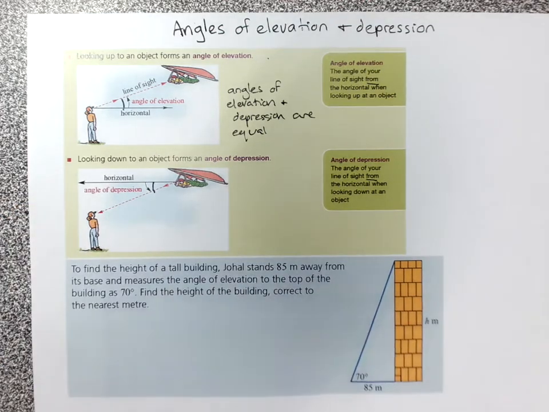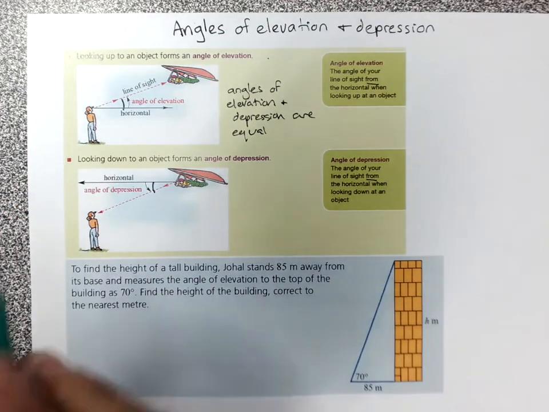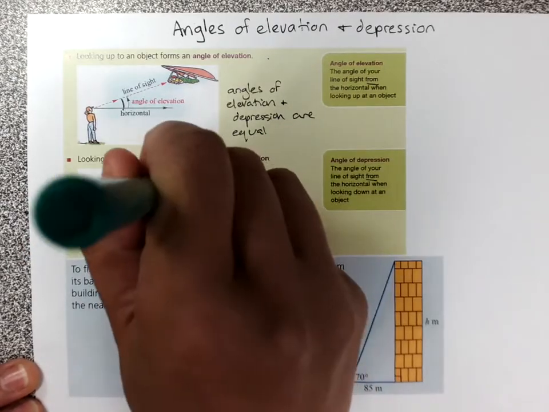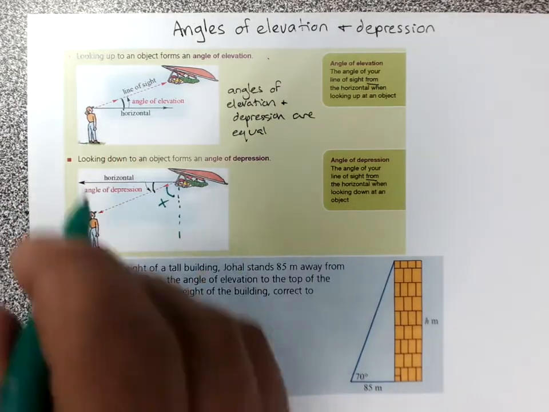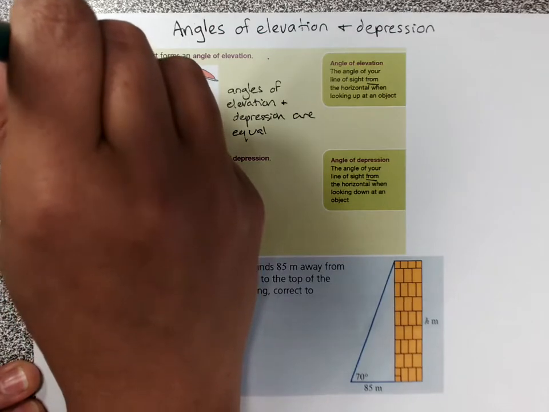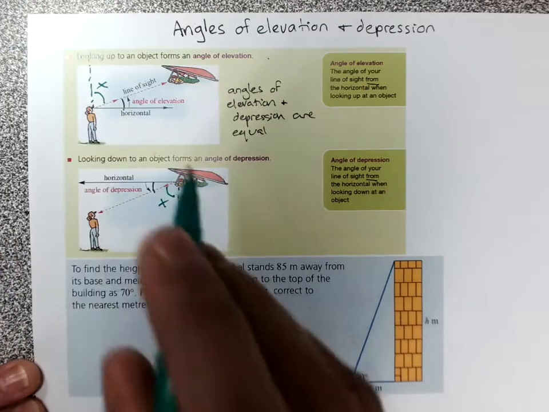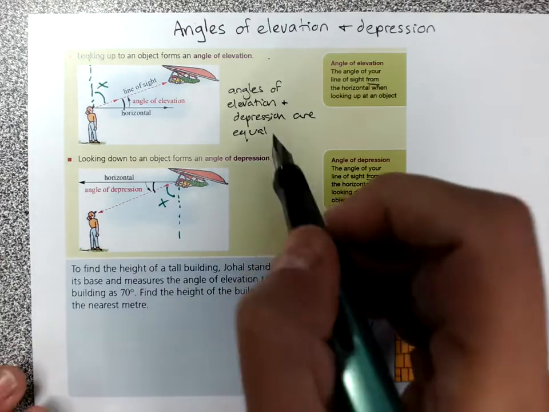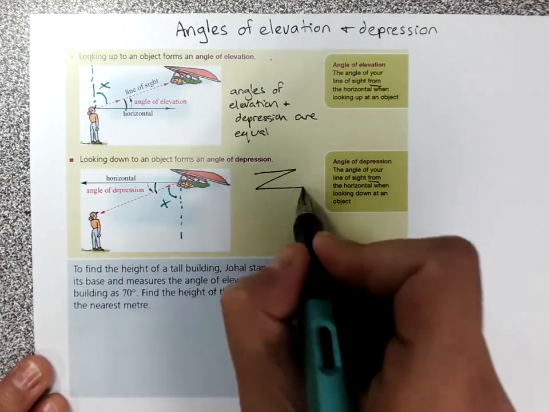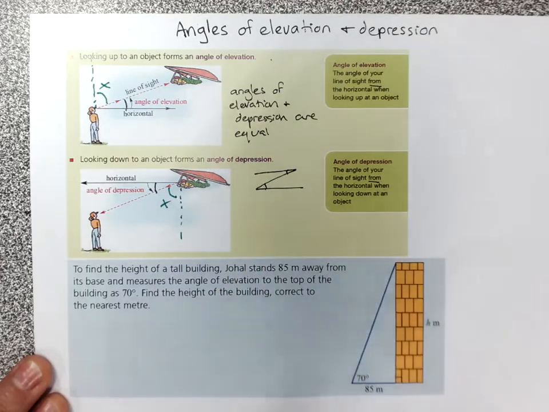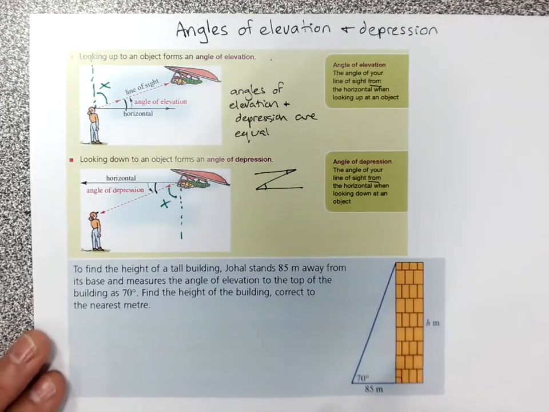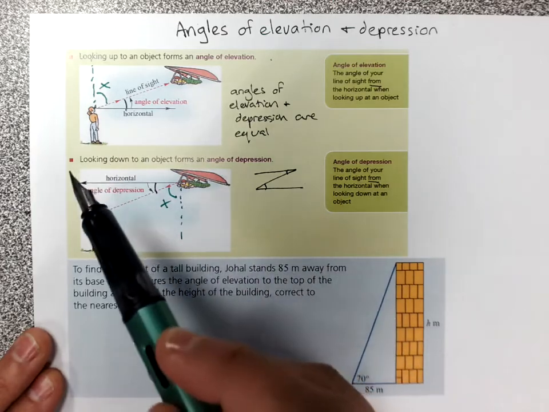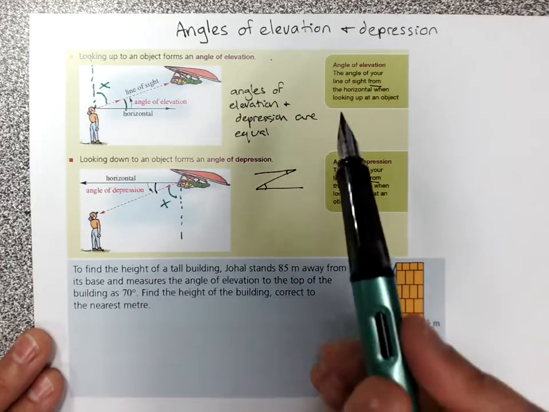You've got to remember they're always from the horizontal. The angle of depression is not from the vertical. It is not here. It's not from the vertical. It's not here. The angle of elevation and depression is from the horizontal. And they make a Z shape. Like that. So two things to learn about angles of elevation and depression: they're from the horizontal and they're equal.